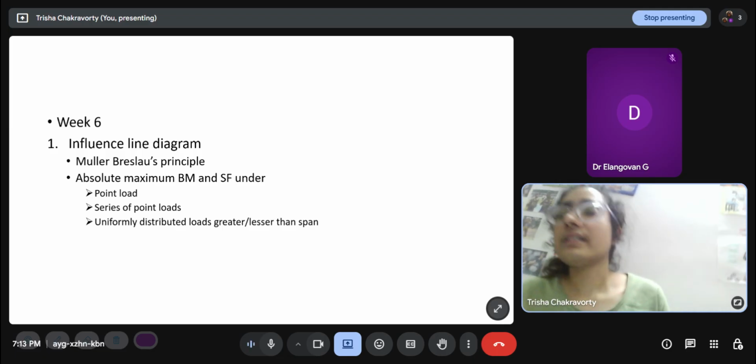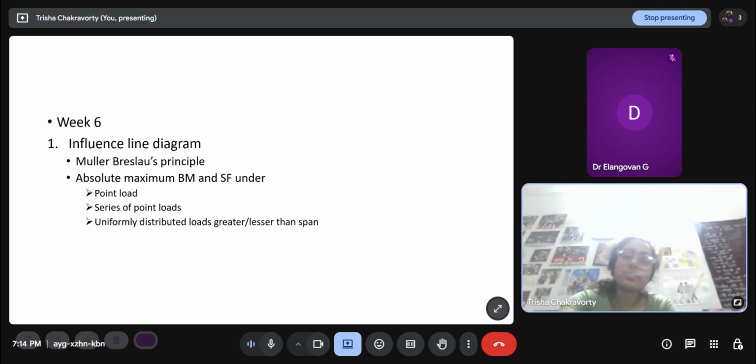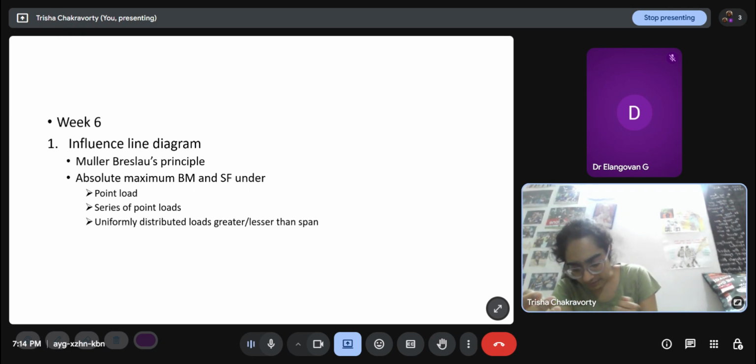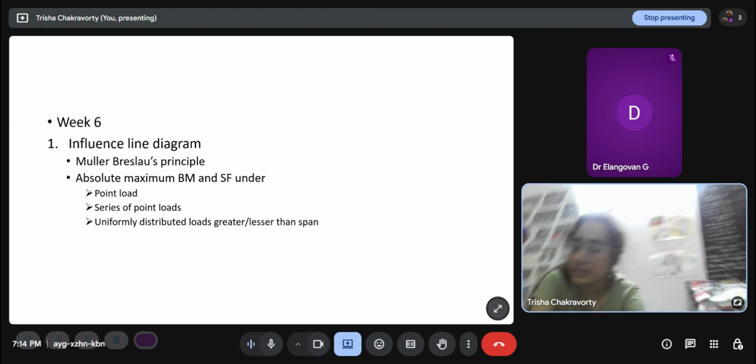Week 6, the topic is kind of isolated: influence line diagram, or ILD. So far, whatever we have done deals with static forces, like the forces don't move, just like dead load and live load.